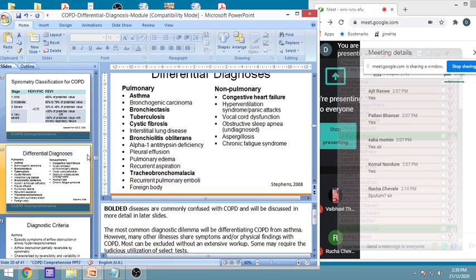Examples which can cause confusion, or which can have similar diagnostic features, are asthma, bronchiectasis, tuberculosis, cystic fibrosis, then bronchiolitis obliterans, then tracheobronchomalacia. These are the pulmonary situations, and others are cardiac, like congestive cardiac failure.